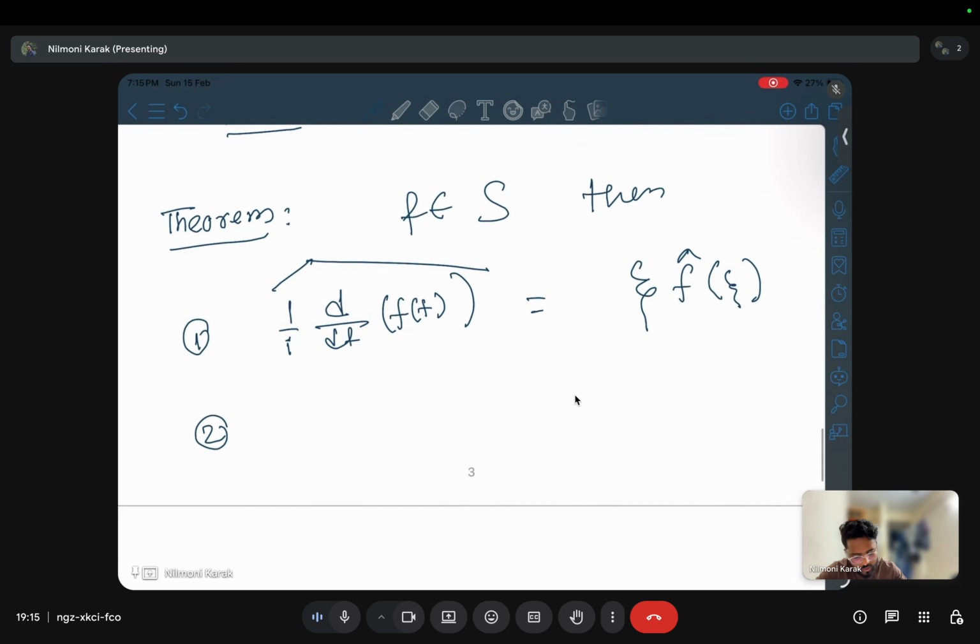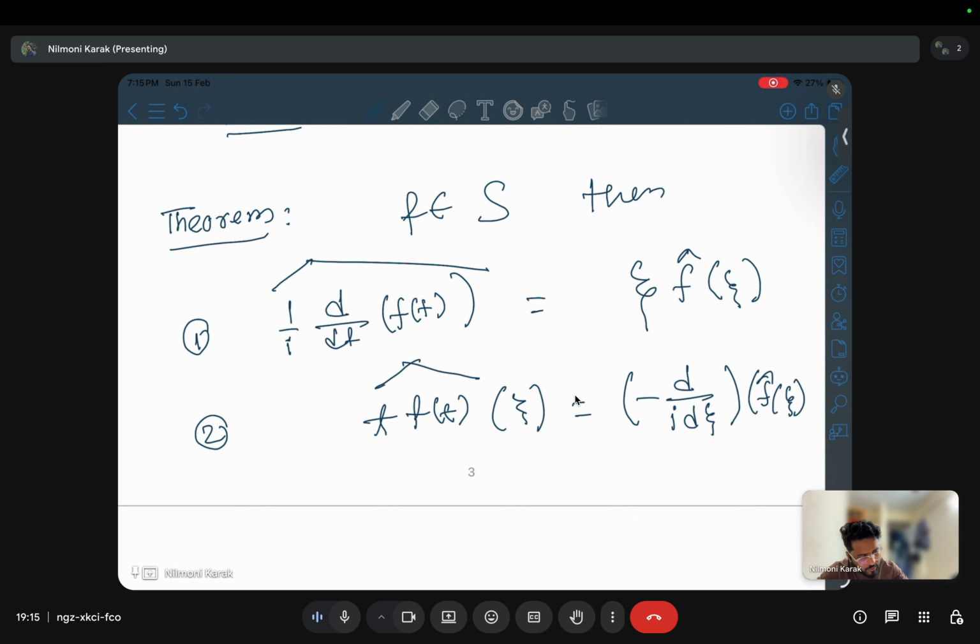And number two: the Fourier transform of t times f(t) equals minus d/dxi of the Fourier transform of f at xi.